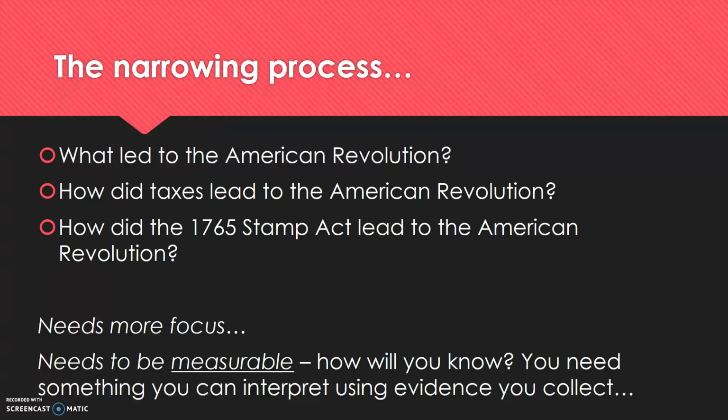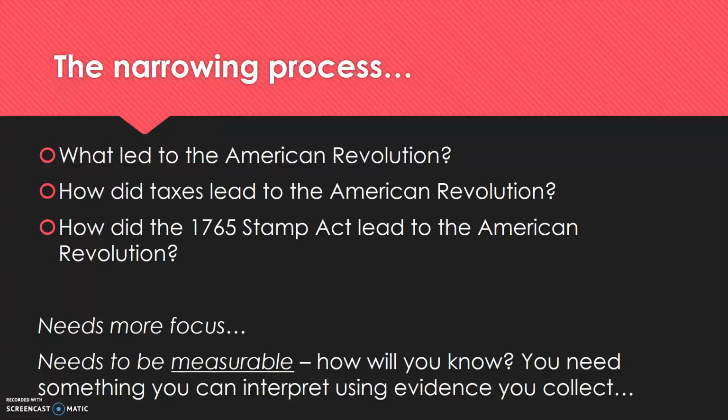Even just wrapping my head around what caused the American Revolution is really broad. So if I picked one particular tax, I've narrowed at least part of my question. Instead of how did taxes, how did the 1765 Stamp Act lead to the American Revolution?